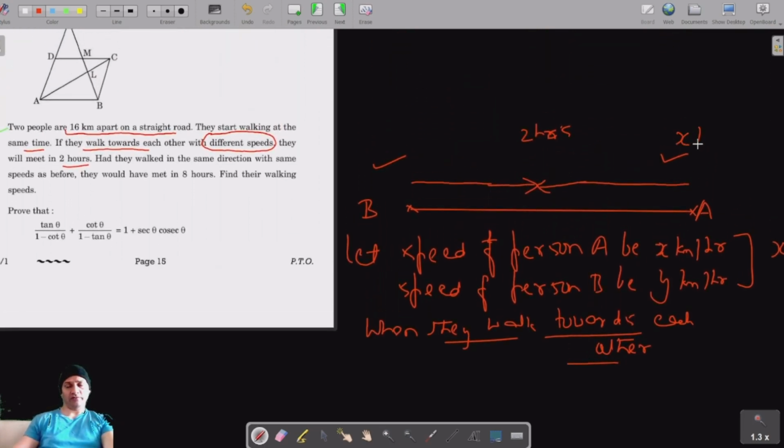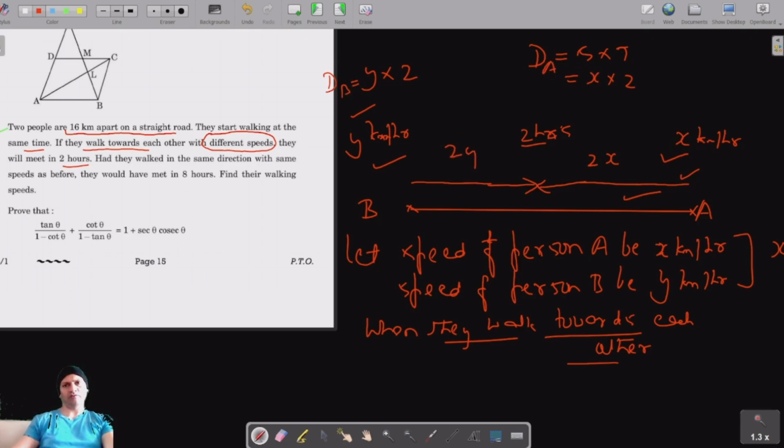If X kilometers per hour is the speed of A and Y kilometers per hour is the speed of person at point B, the distance traveled by person at point A is, by the formula distance equals speed into time, X times 2 hours, so 2x. Similarly, for B the speed is Y and time is 2 hours, so the distance traveled by B is 2y.